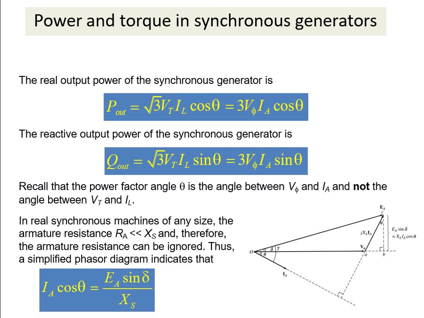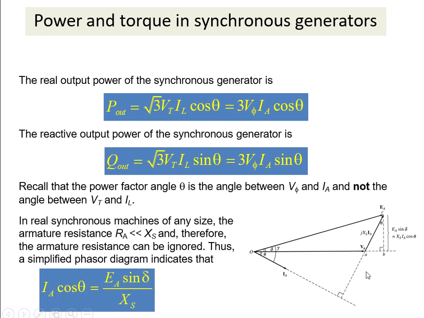Now in a real synchronous machine of any size, the armature resistance Ra is very small compared to the reactance XS, and therefore the armature resistance can be ignored. If we ignore the armature resistance, we can simplify our diagram, and this is the diagram. Then the impedance drop will look like this.